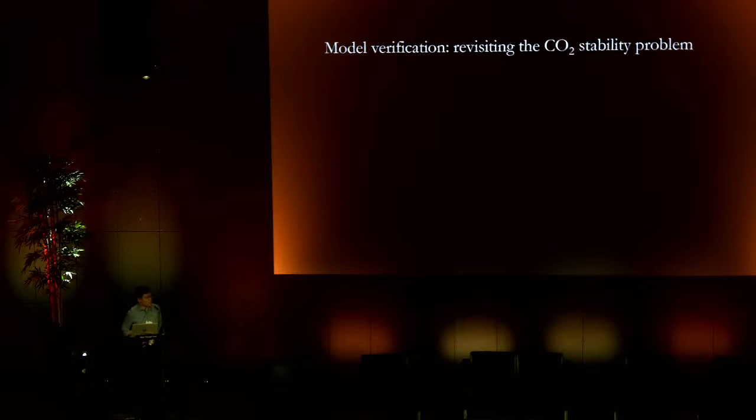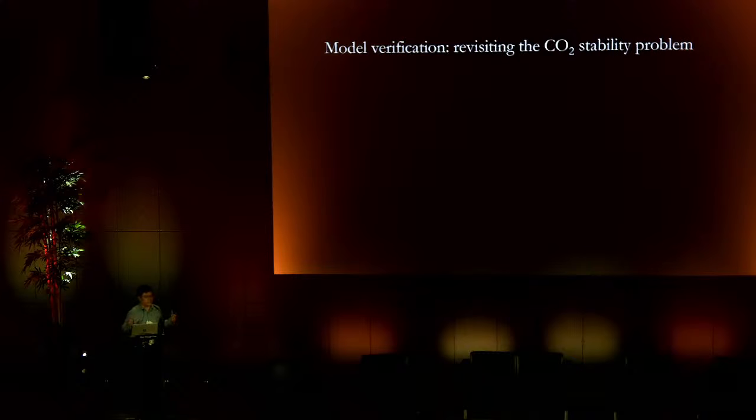Before we move on to the other obliquities, we first need to verify that our model behaves well when simulating the present-day Mars atmosphere. So we use the model to revisit the CO2 stability problem. From my introduction earlier, you may have an impression that the CO2 stability problem has been solved, but in fact it's not. Following the works in the 1970s, people first produced too much CO in the atmosphere compared to observations.